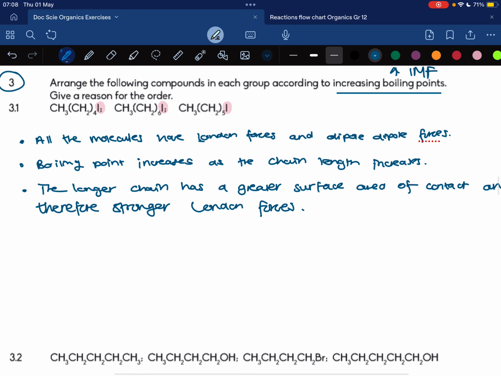The one that has the greater surface area has stronger London forces, and then we'll do our conclusion statement to say more energy is needed to overcome these forces.